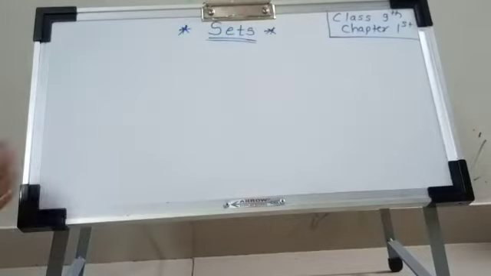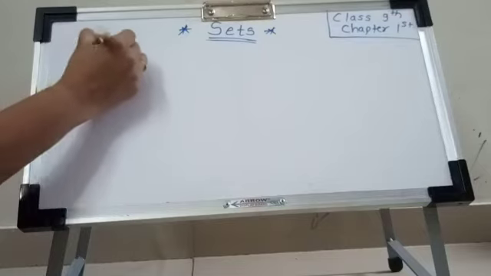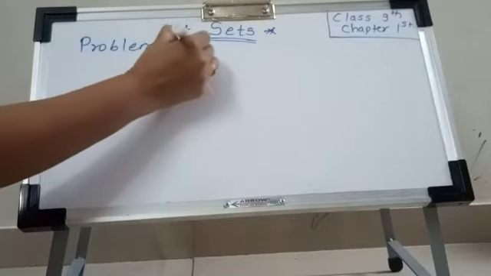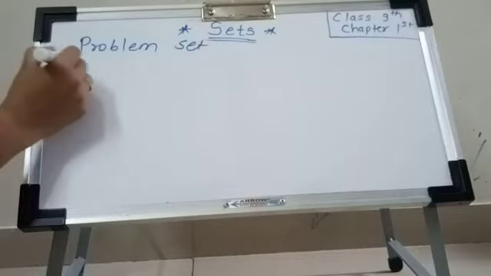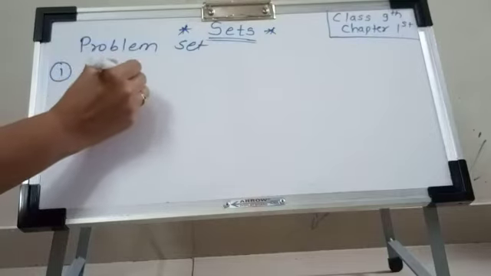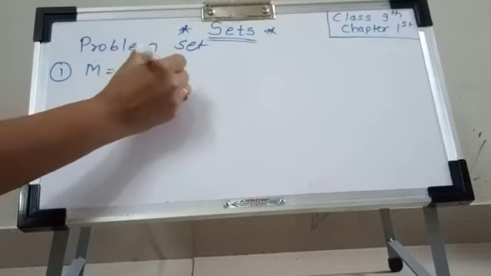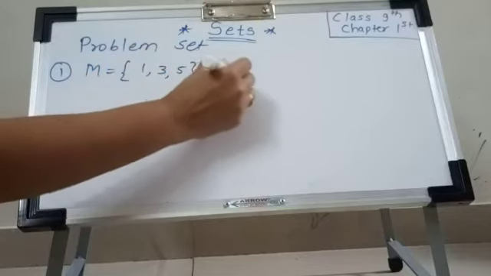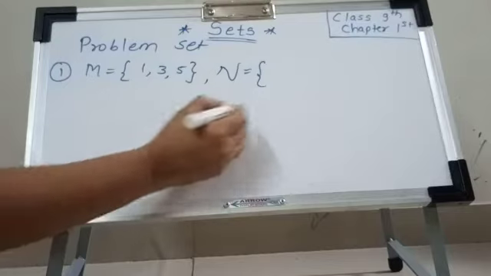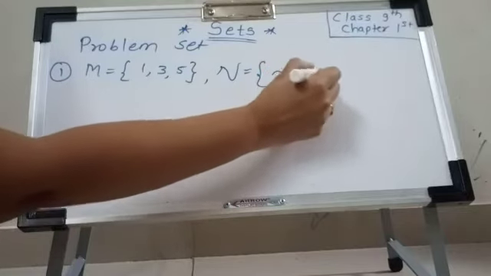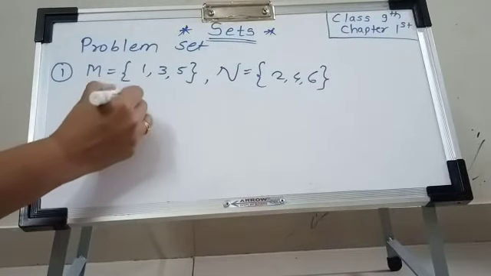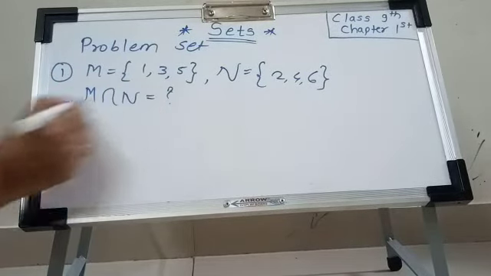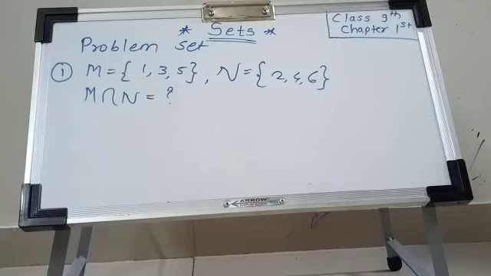Sets. Now next is the problem set of chapter Set. Here the first example: if M is a set of elements 1, 3, 5 and N is a set having elements 2, 4, 6, we find M intersection N. Intersection means common elements.